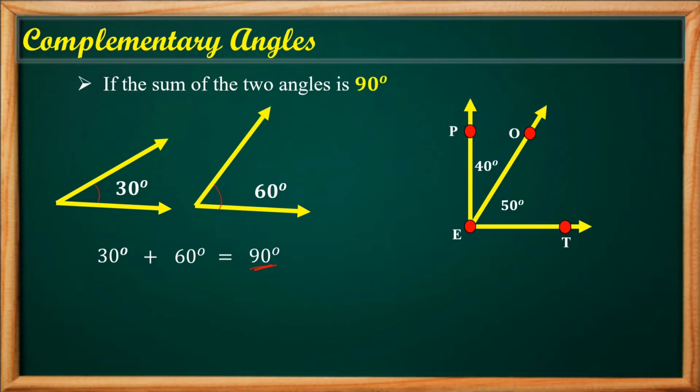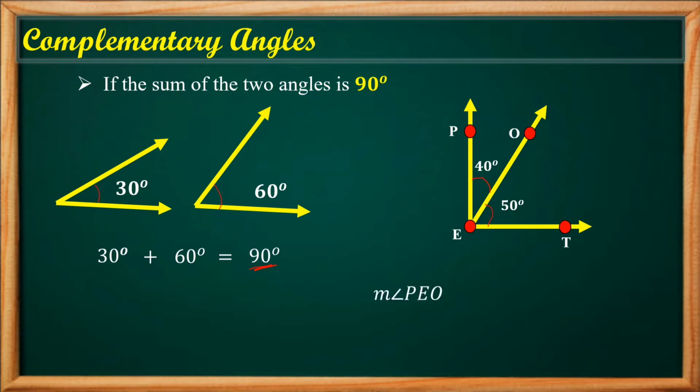Now, another one. If we have here our figure, we have angle PEO measures 40 degrees, and another angle OET measures 50 degrees.